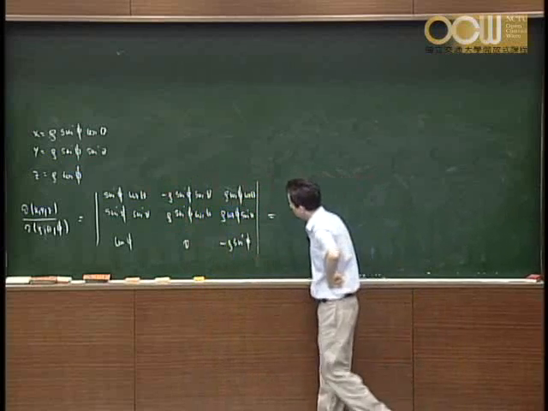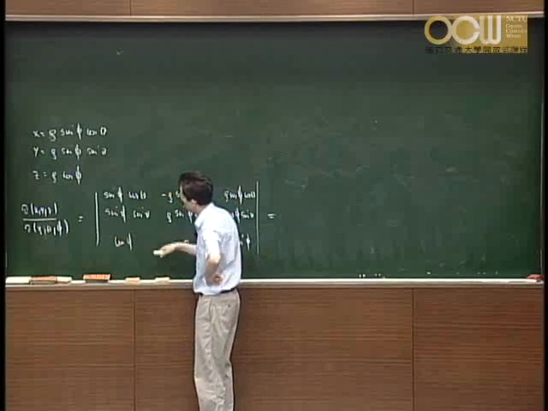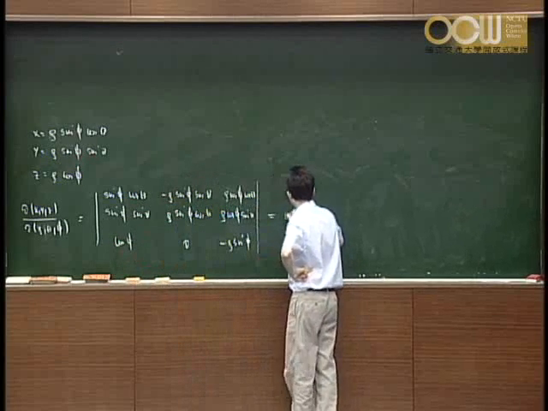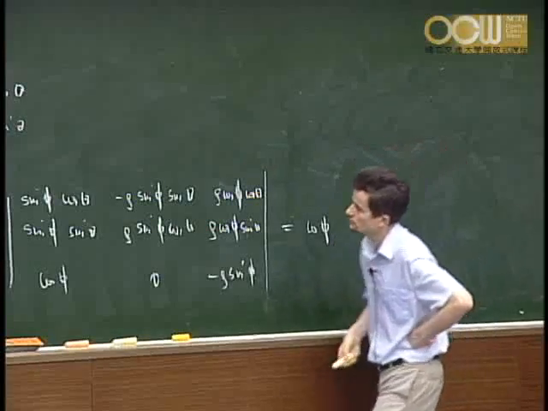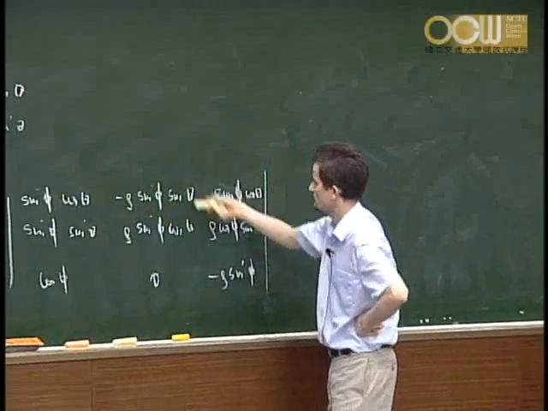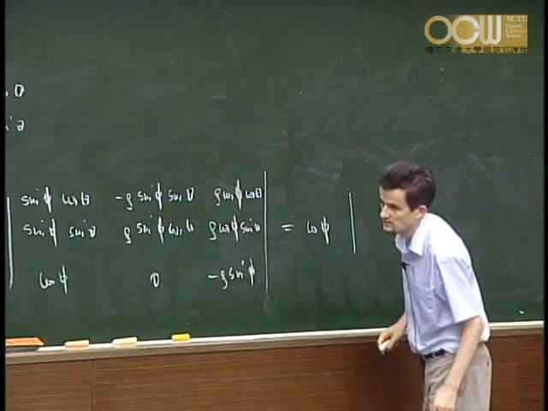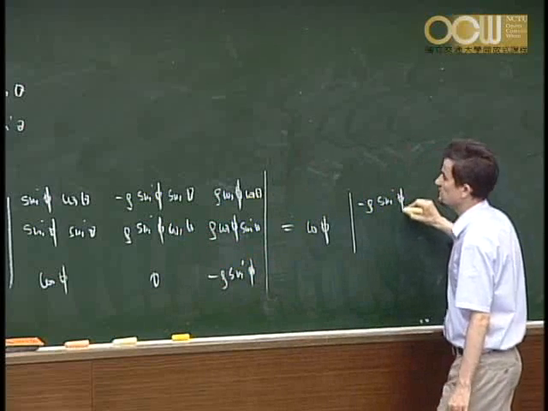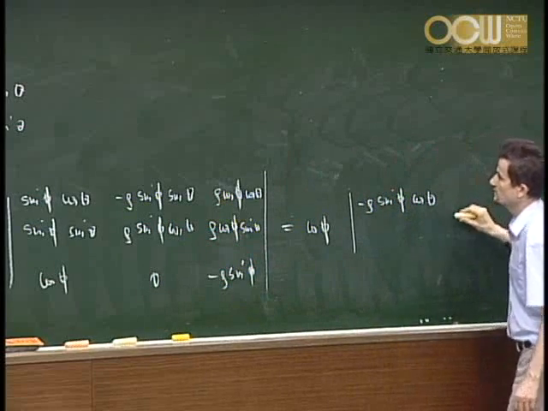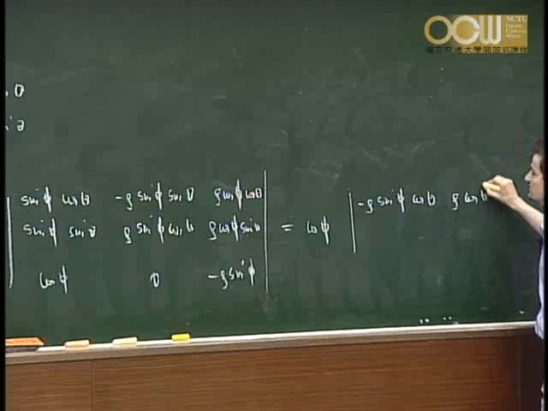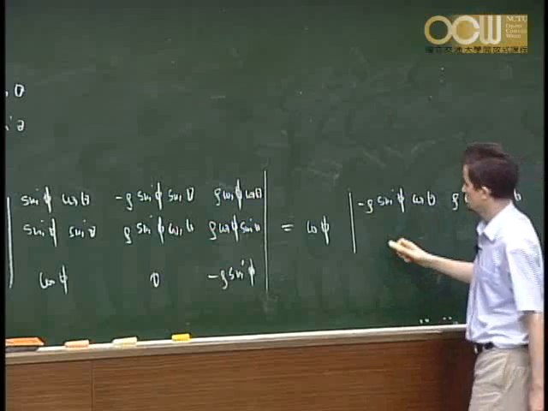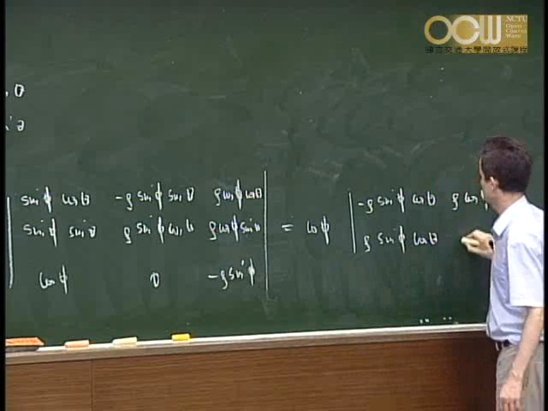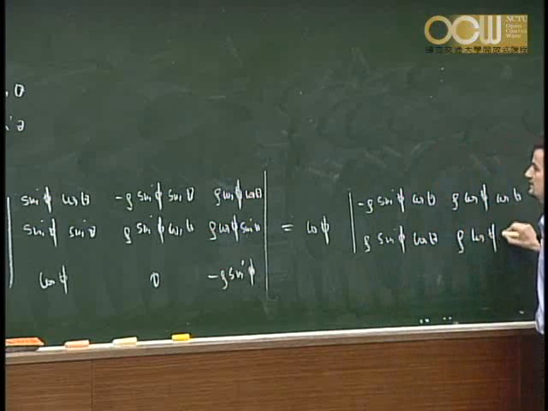If we use the Lagrange theorem to compute the determinant by using this row, we have for the first entry cosine of psi, and then we delete this column and row, and take the determinant of the submatrix, which is then minus rho times sine of psi times cosine of theta. Here we have rho times cosine of psi times cosine of theta, and here rho times sine of psi cosine of theta, and here rho times cosine of psi sine of theta.